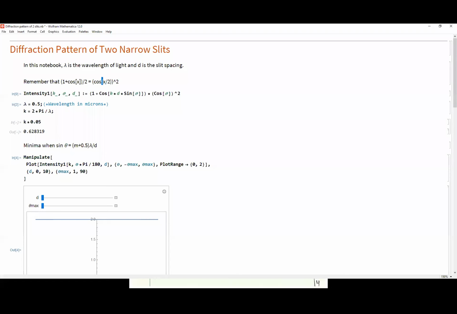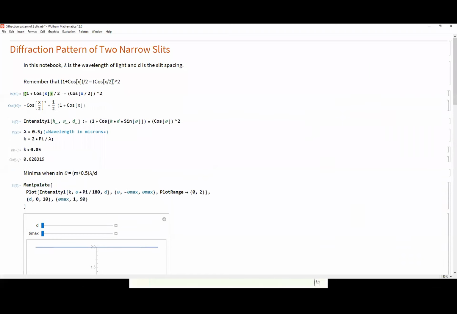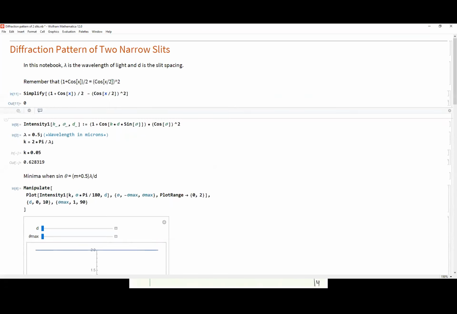And really, I should be doing it like this if I'm going to do it in Mathematica, so that we have something like that. And we could even test that. We could take that expression and subtract them, and Mathematica doesn't do much with it, but then we could ask Mathematica to simplify that difference, and it comes out to 0.